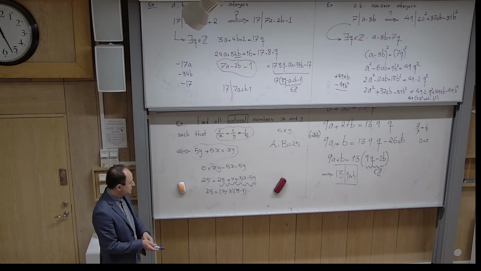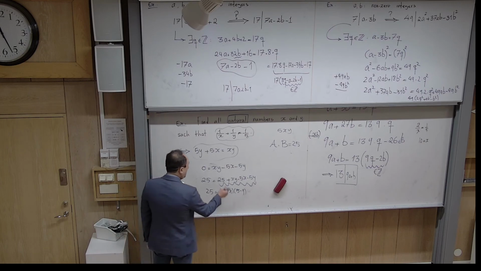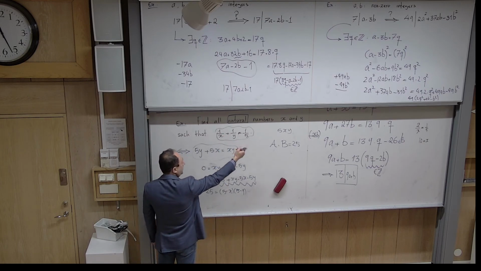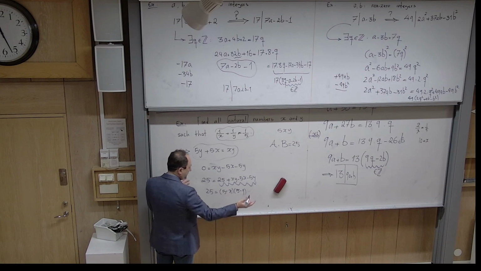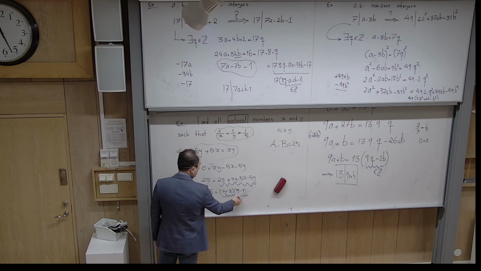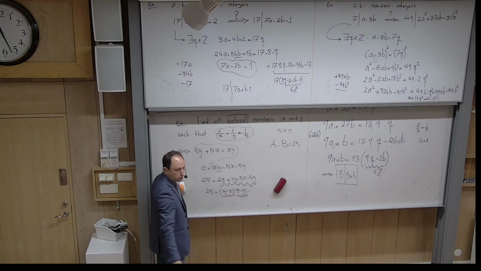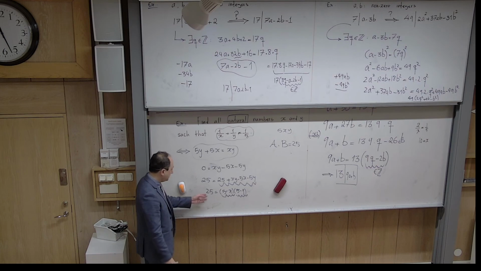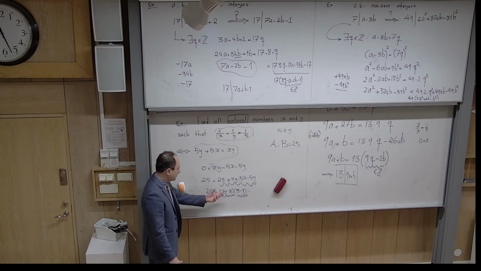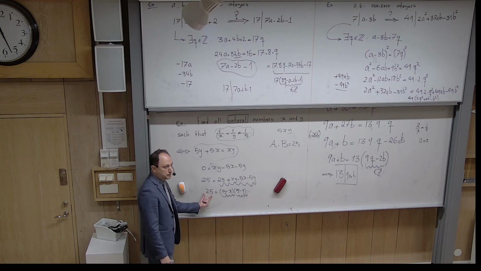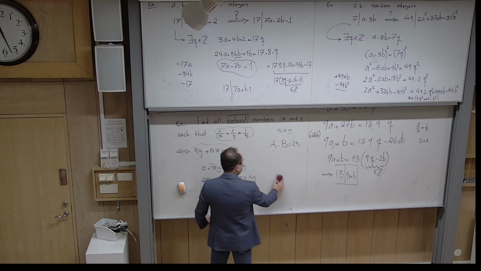We actually solved the problem because I am supposed to have x and y natural numbers. Let us work with integers for the time being. So this is an integer. This is also an integer. But I know that the product of two integers is supposed to be 25. So there are not many options left. I want to have the product of two numbers give me 25. So what are all possible options?